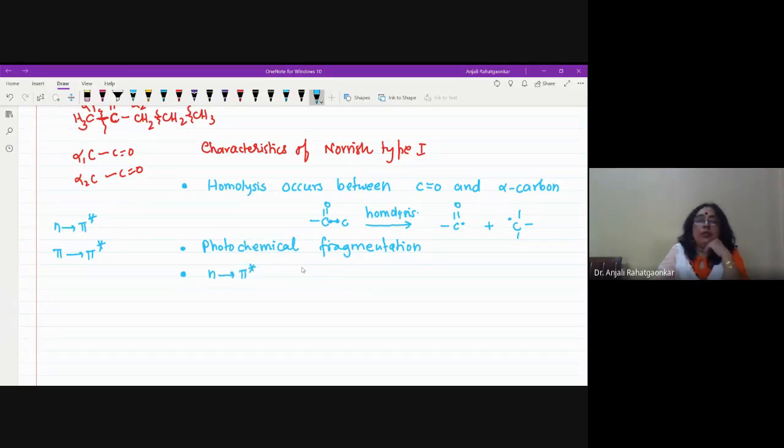So this n-pi transition brings the transformation. The energy available from this type of transition will give you a photolytic fragmentation. The meaning of photolytic is that there is a fragmentation.